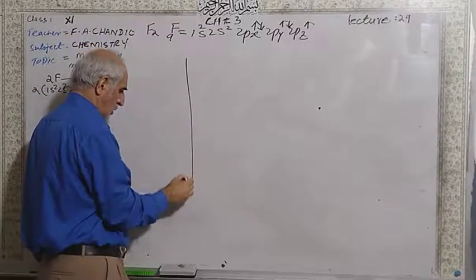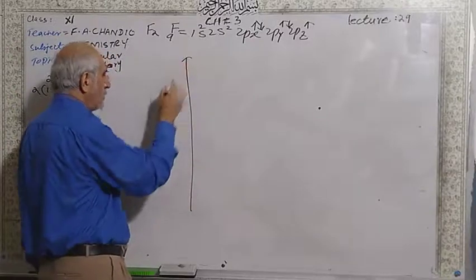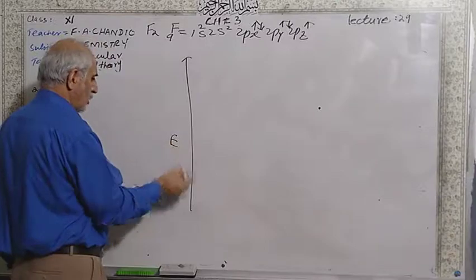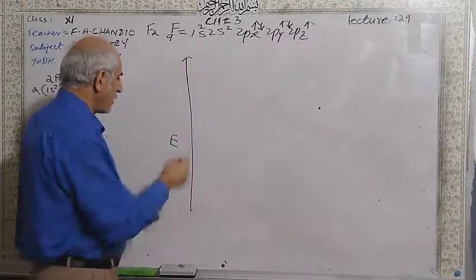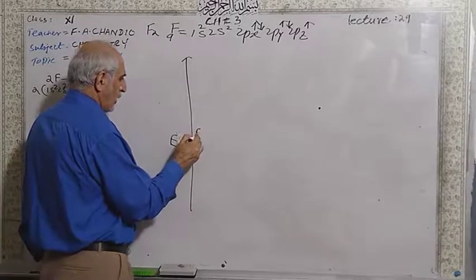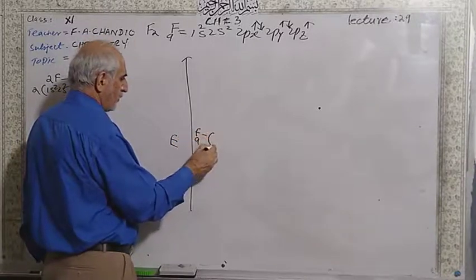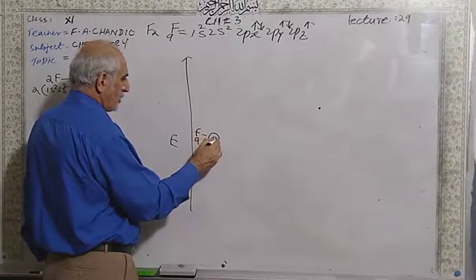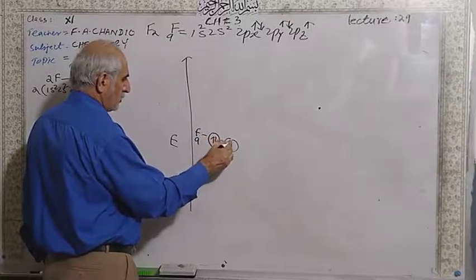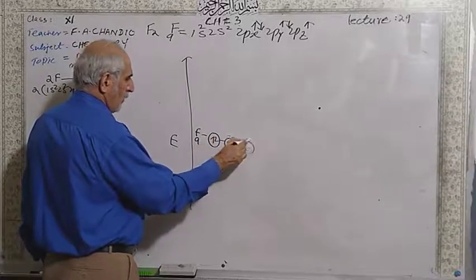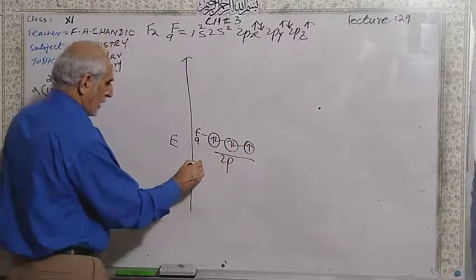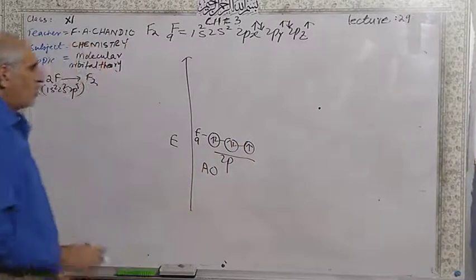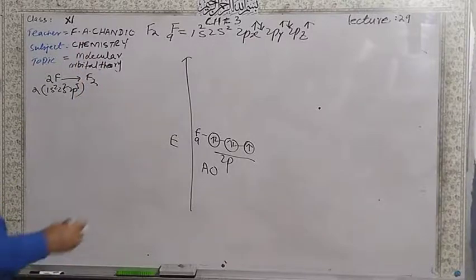Now, the energy level diagram. The energy increases from bottom to top, and you have 5 electrons. This is fluorine, atomic number 9, 2 electrons, and 1, 2p, this one, atomic orbital. 5 electrons here.